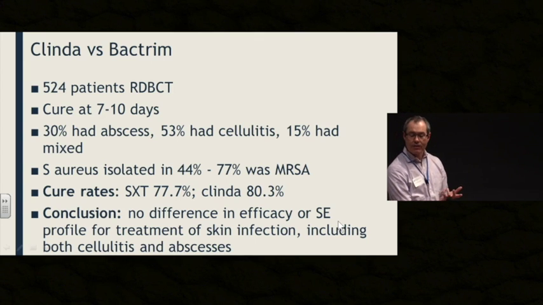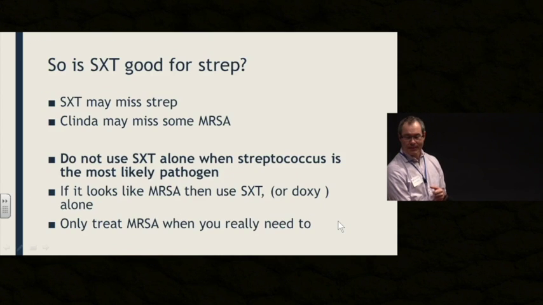But what it tells us is that Bactrim and Clinda were both approximately equal, around 80% cure rates. So a 20% failure rate, though. Probably those failures were strep infections, because the Bactrim really wouldn't cover strep that well. So no difference in efficacy.